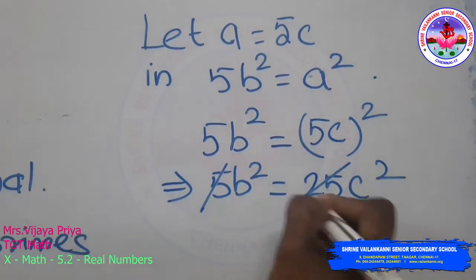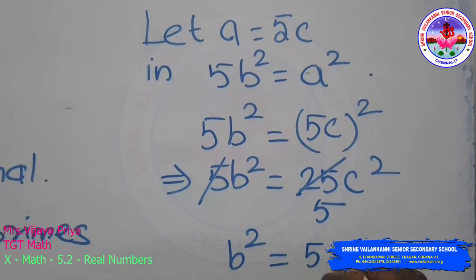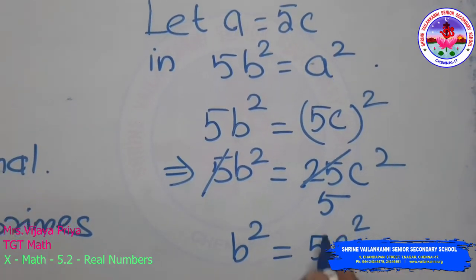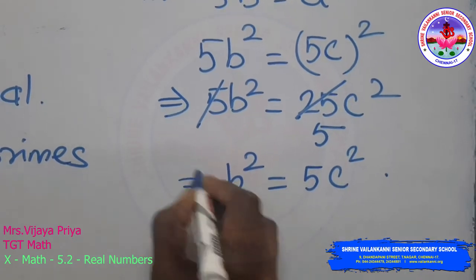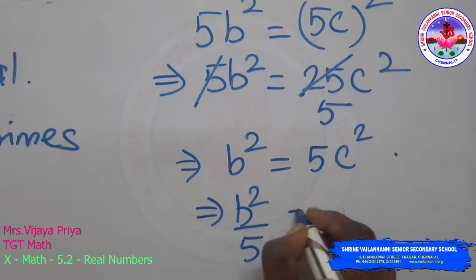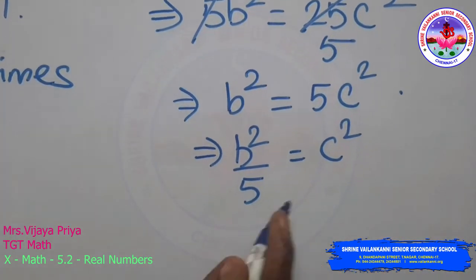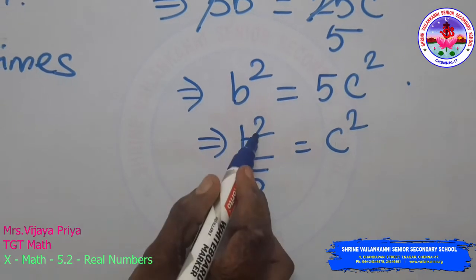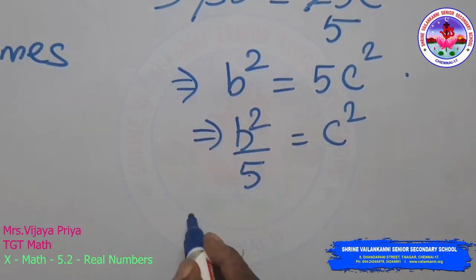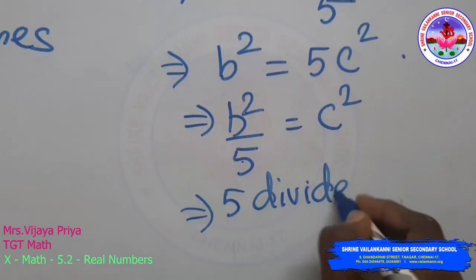So 5 will divide 25 five times. I will get b squared is equal to 5c squared. I am bringing this 5 to the other side. So it becomes b squared divided by 5, which is equal to c squared. Which means that 5 divides my b squared.